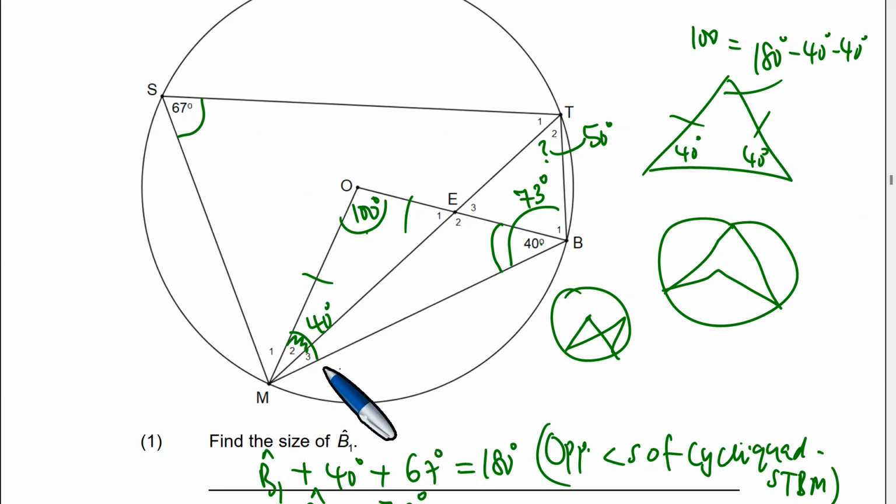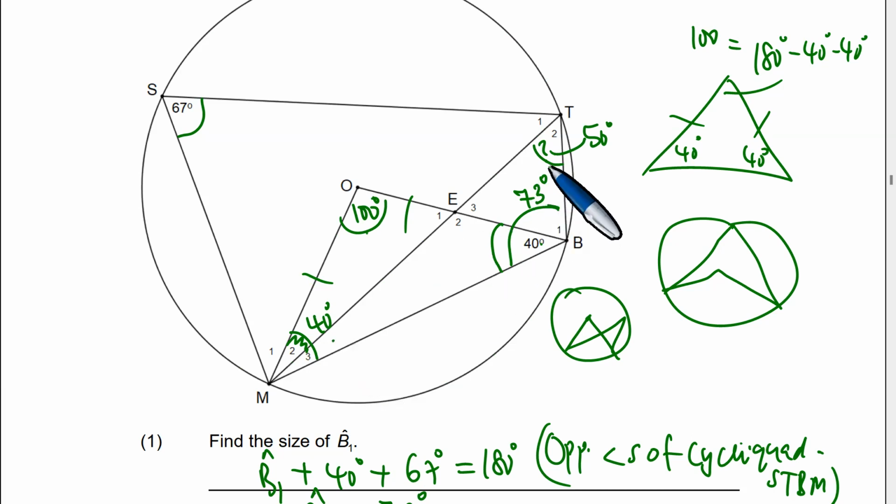First and foremost, you can first find angle M3. What is angle M3? Because it is this one plus 73 plus M3.